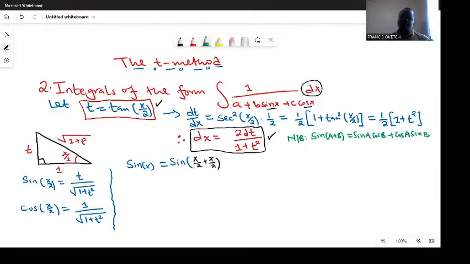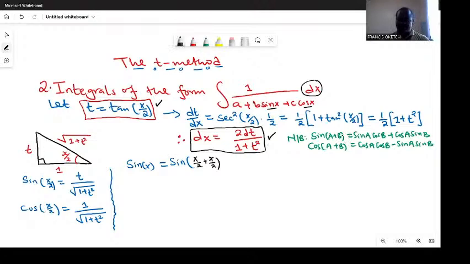That's an identity. Another one, we also know that cosine of A plus B is the same as cos A cos B minus sine A sine B. So these identities are very important for us.